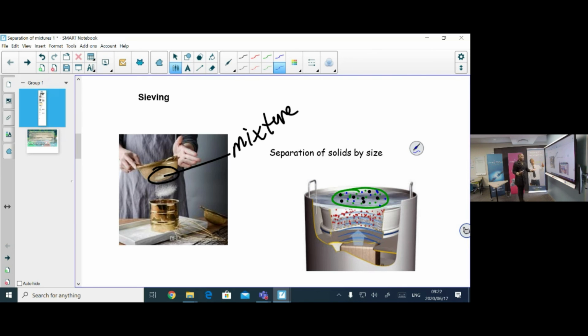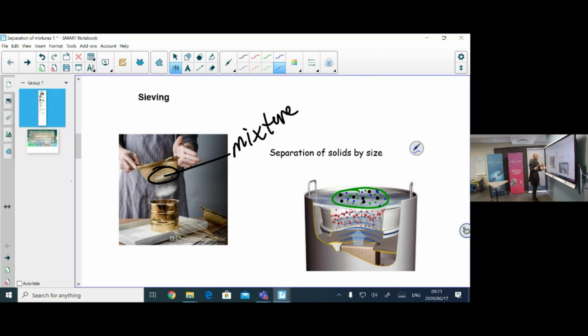So we are going to take a sieve. A sieve is, excuse me, a material that has holes of particular size.